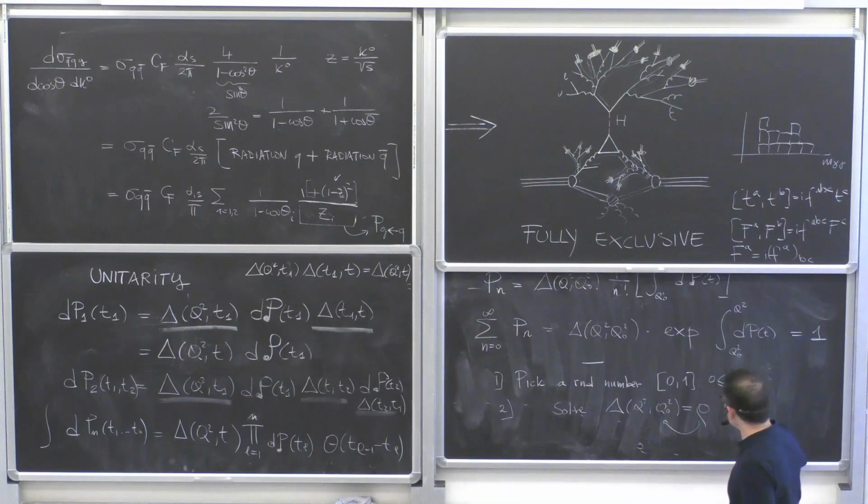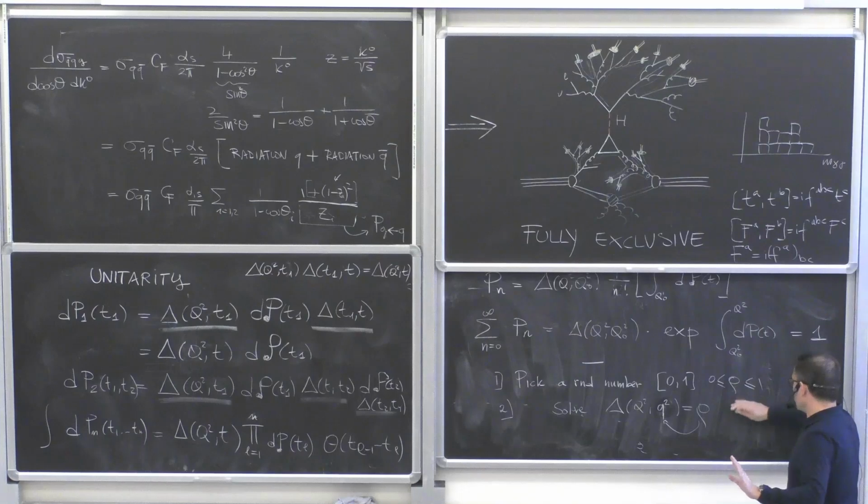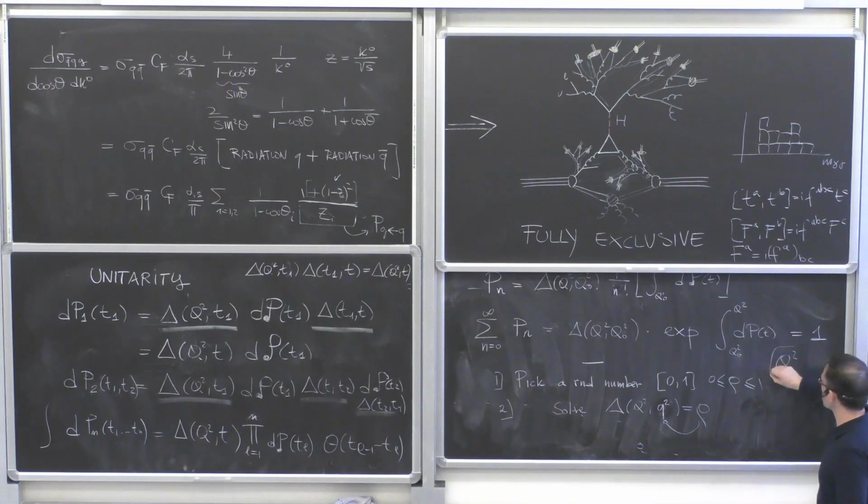So let me not call it Q0, let me call it Q. I have my hard scattering at Q0, and my end at Q squared, ordered down to lambda QCD.